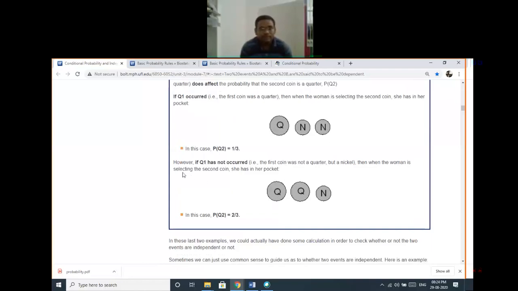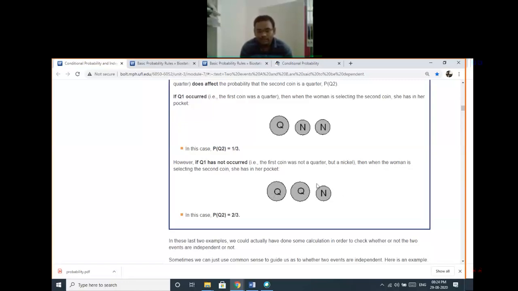Similarly, if Q1 has not occurred, then when the woman is selecting the second coin, that means in the first event the woman has not taken a quarter, so the quarters remain in their place. Instead, she has taken a nickel. Earlier, prior to event 1, the sample size was 4. After that it became 3 because she has taken one nickel from the pocket.